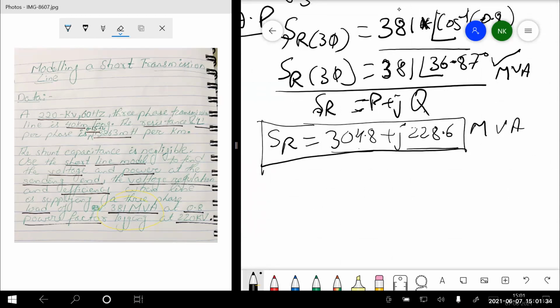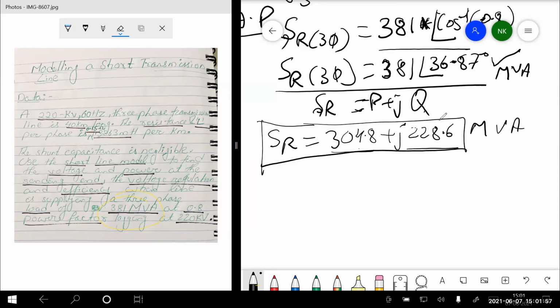So how could apparent power be found if you have to find it in angular form? Given these two data, apparent power is the sum of both, active and reactive power, right? Is it right or wrong? Sir, the magnitude of the sum of both. The magnitude of the sum of both, right? So how could you calculate using this?